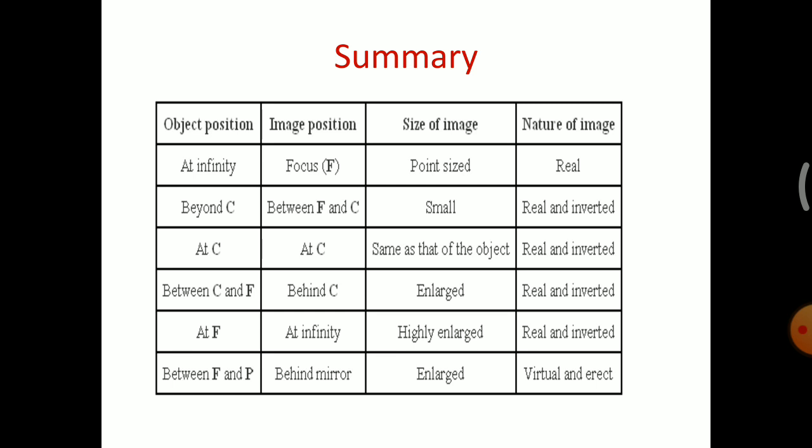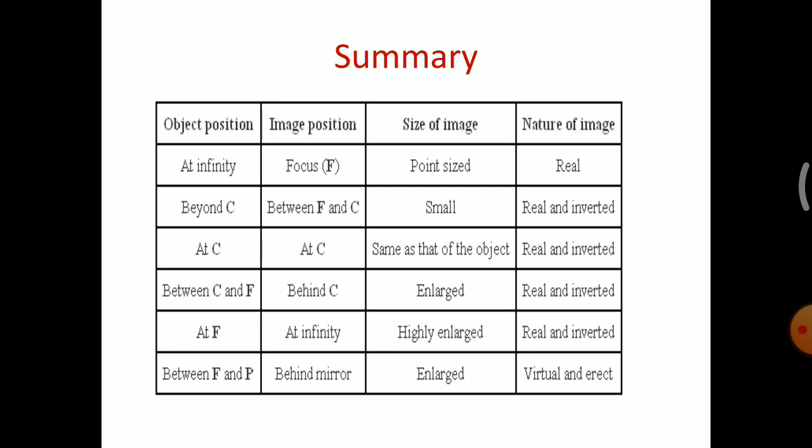When the object is placed at the center of curvature, the image is formed at the same center of curvature, so the size of the image is the same as the object. If the image is formed between C and P, the image is diminished. Beyond the center of curvature, the image is always magnified.